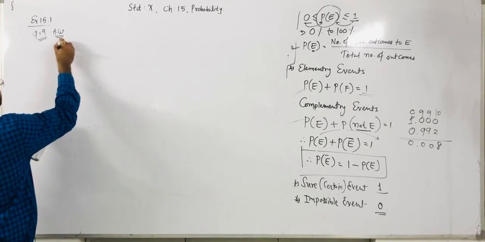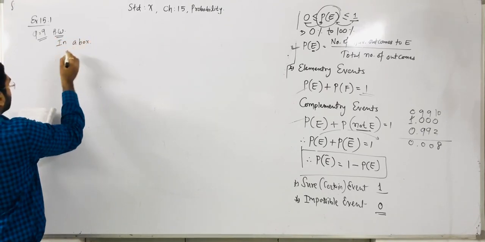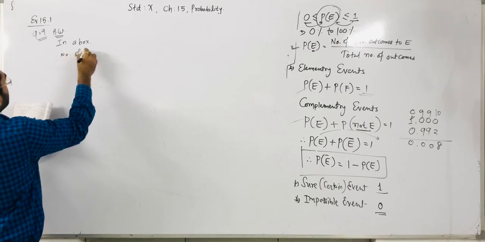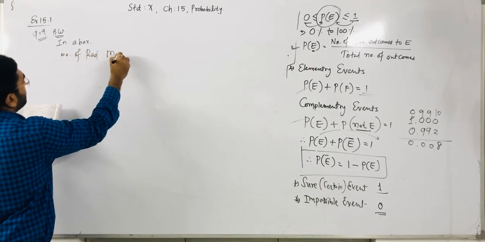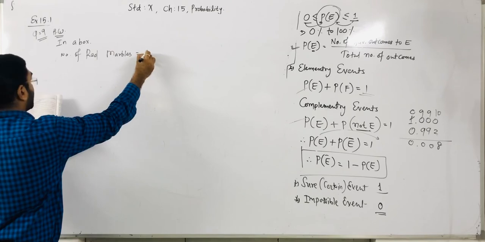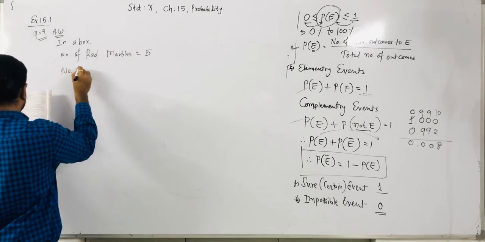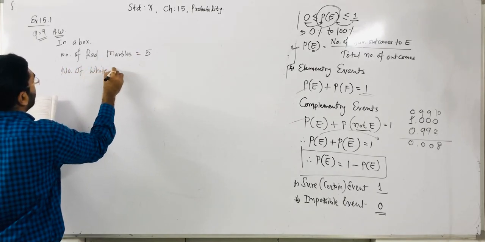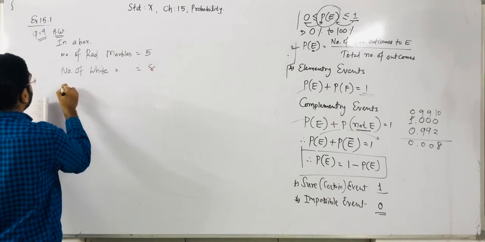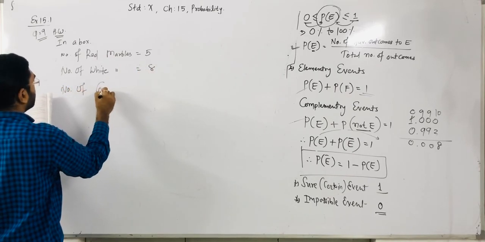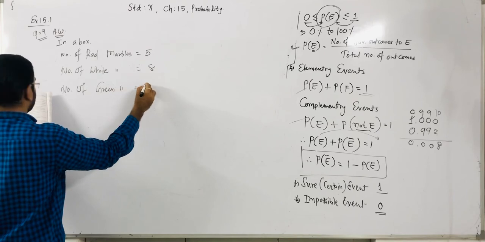In the box, the number of red marbles is equal to 5, the number of white marbles is equal to 8, and the number of green marbles is equal to 4.